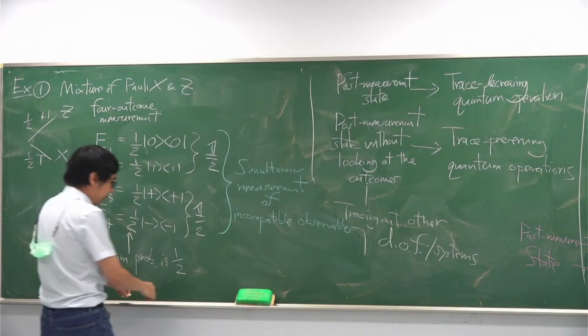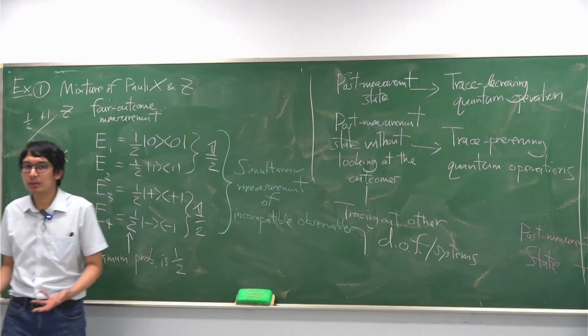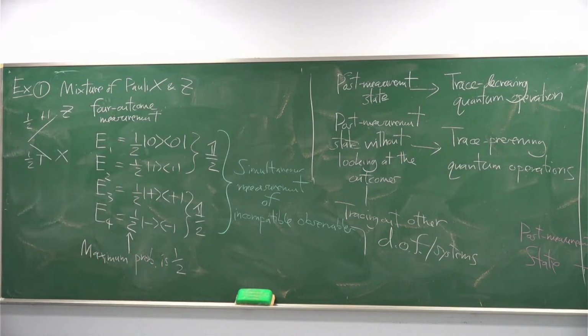And so we learn from the uncertainty principle that you cannot make an X and P measurement, the position and momentum measurement, at the same time.